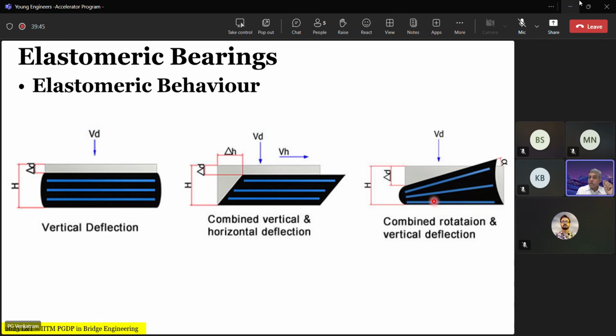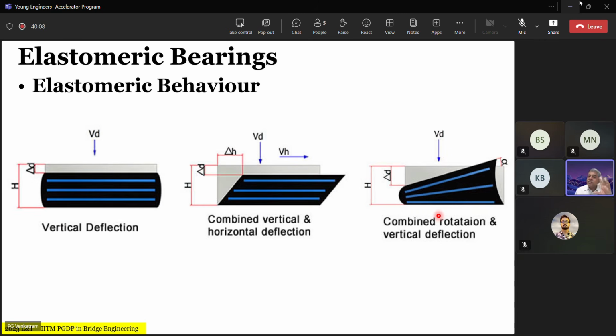Now, if you notice in this sketch, a small uplift has been shown. We'll not go to the design of the elastomeric bearing now, but in general, our code makes sure that this condition is not created. That means no uplift of any part of the bearing is acceptable according to the code.